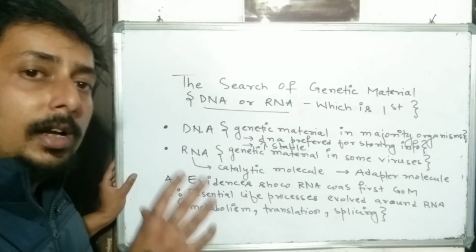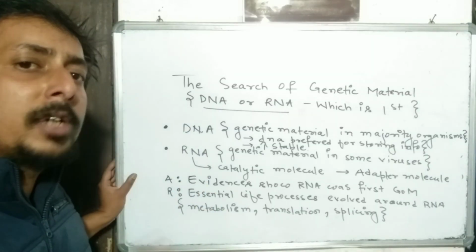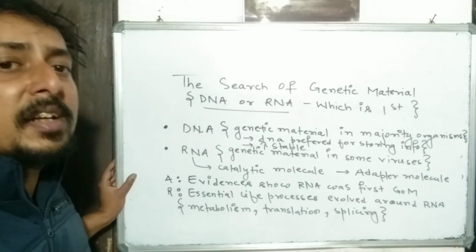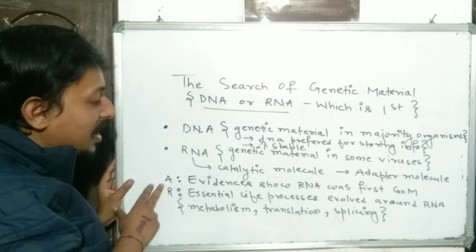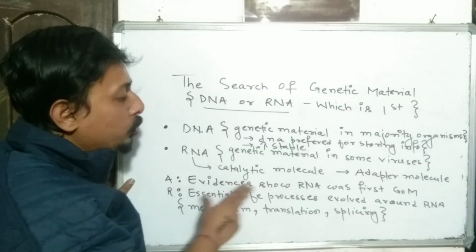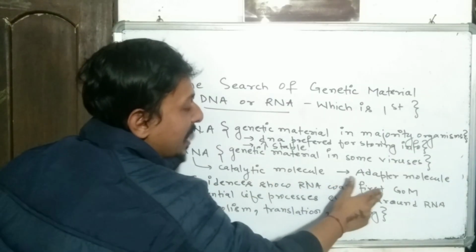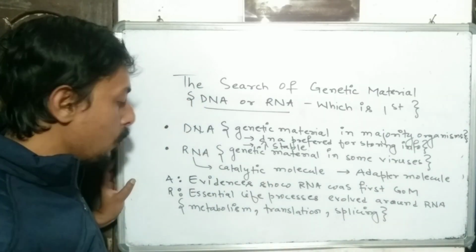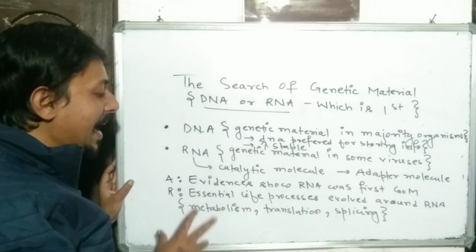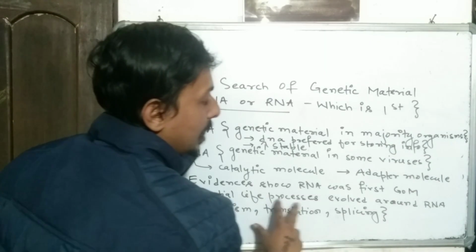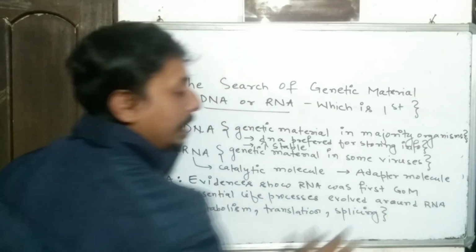So in this lecture, the first thing I am going to tell you about is an assertion reason question directly from NCERT. Suppose the assertion is: evidences show RNA was the first genetic material. What would be the reason for this? The reason we will say is that essential life processes evolved around RNA.